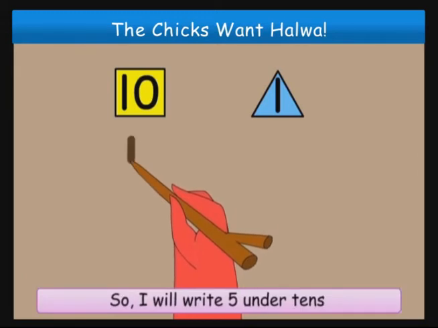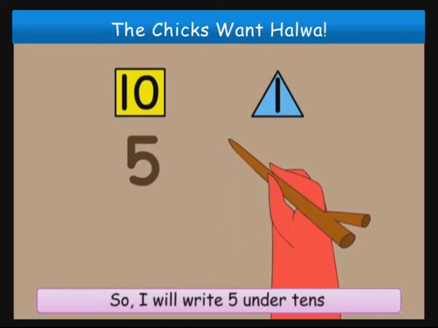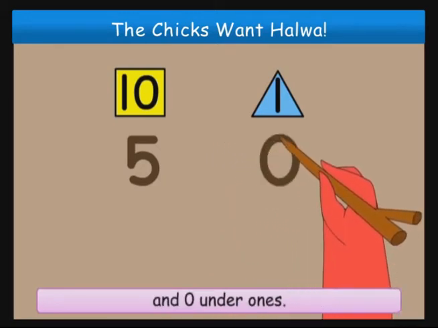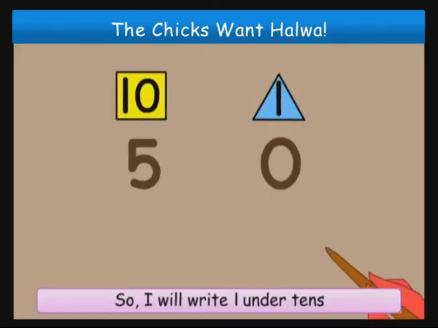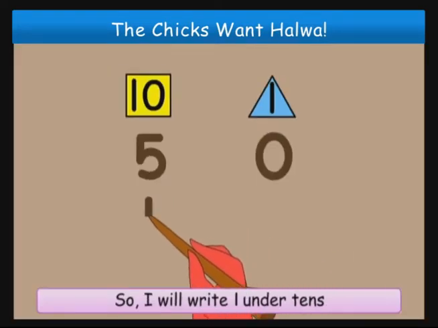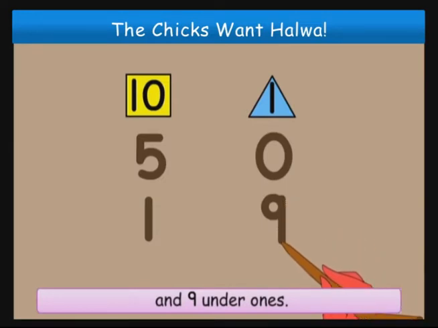So, I will write 5 under tens and 0 under ones. The sugar was for 19 rupees. So, I will write 1 under tens and 9 under ones.